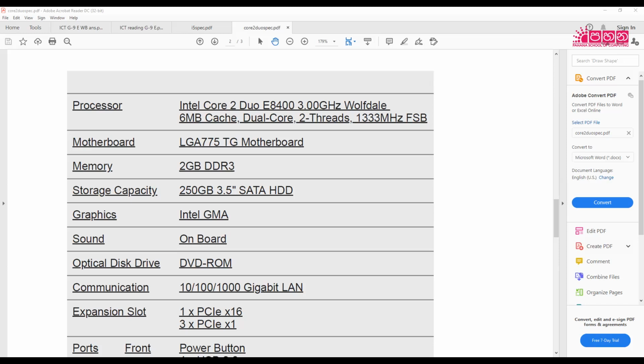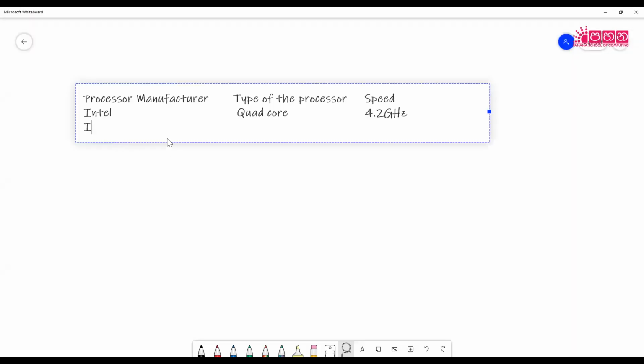So let's take this down. We have an Intel processor, this is dual core, and this is 3.0 gigahertz.